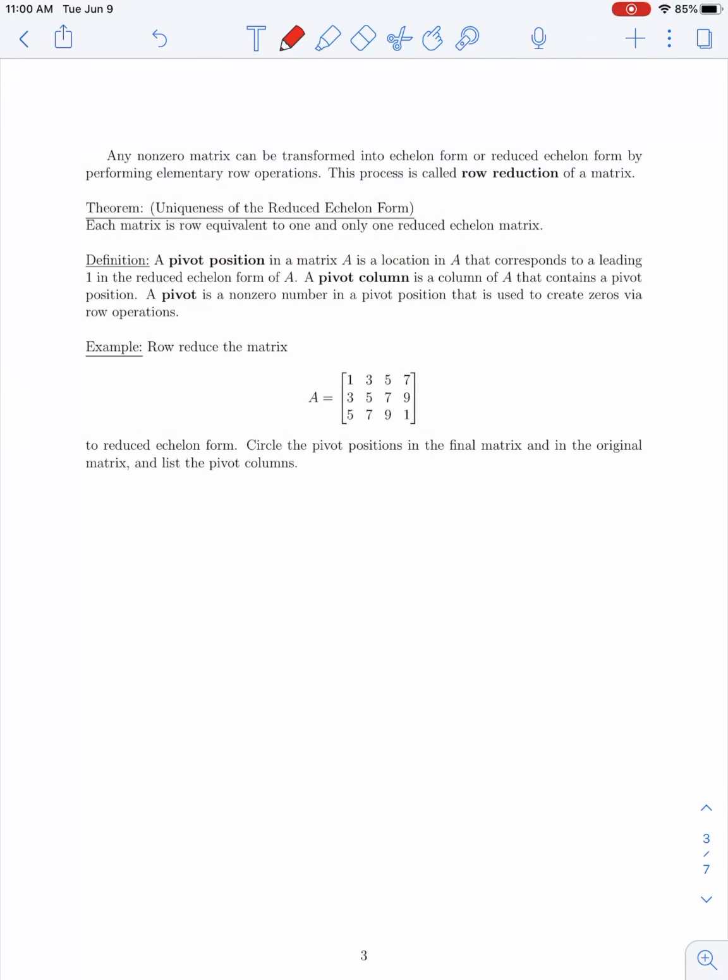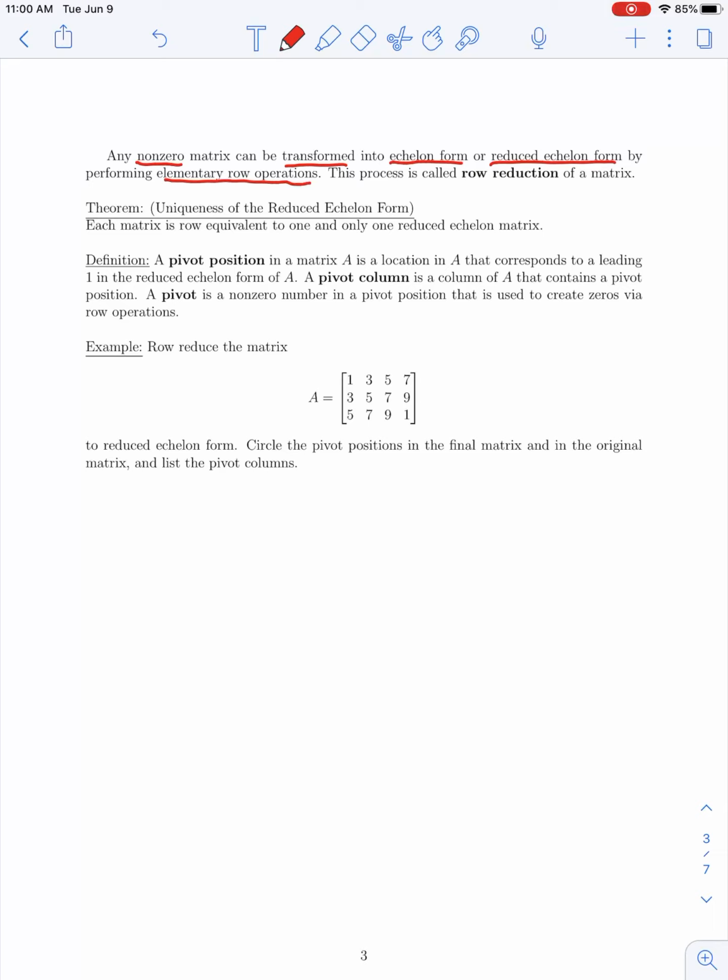So we will see, or we have seen a little bit already in our first section, 1.1, that any matrix which is not all zeros, so any matrix consisting of elements which are not all 0, can be transformed into echelon form or reduced echelon form by performing elementary row operations.